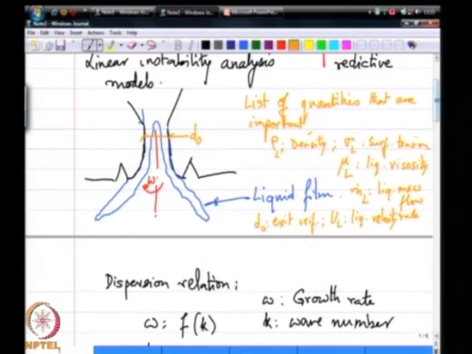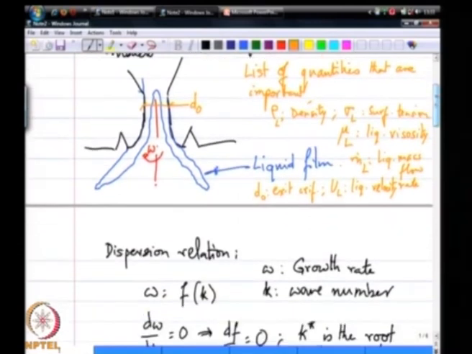These are all quantities that one would expect will play a role.